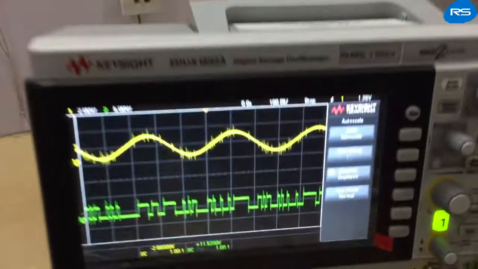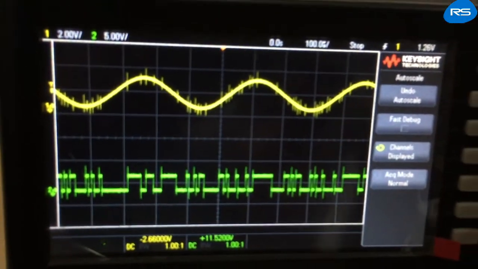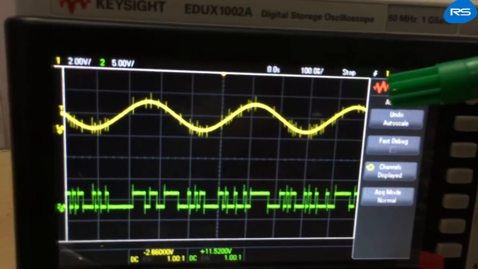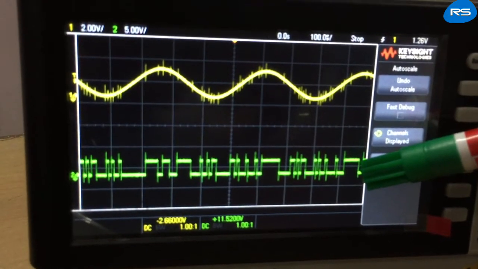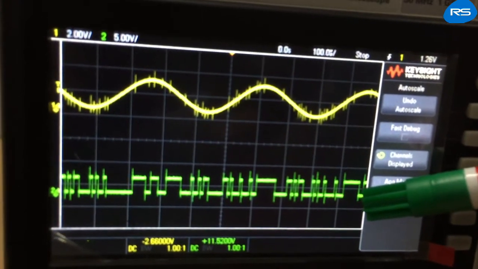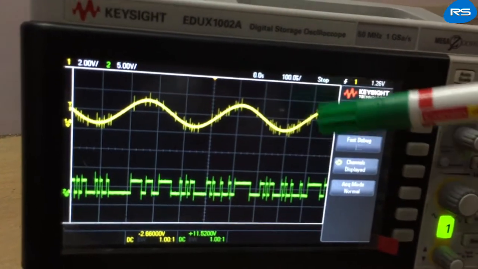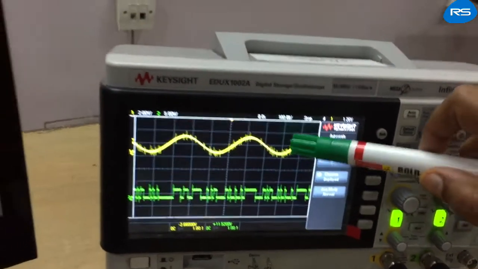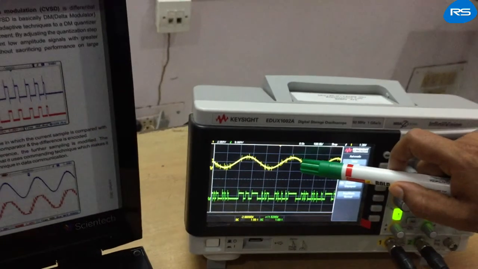So in this way we obtain this kind of waveform. The first one is your message signal. The second waveform is the pulse code modulated waveform. So in this way we have obtained the pulse code modulated waveform of our message signal.